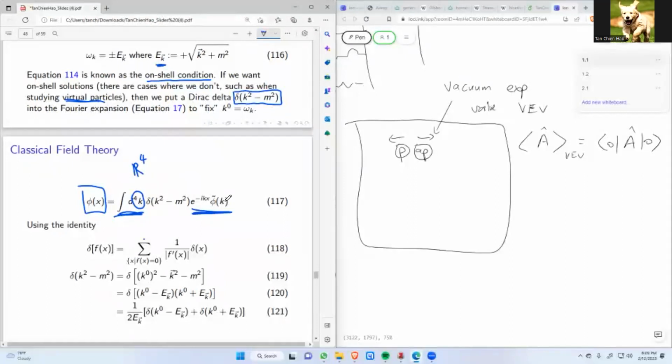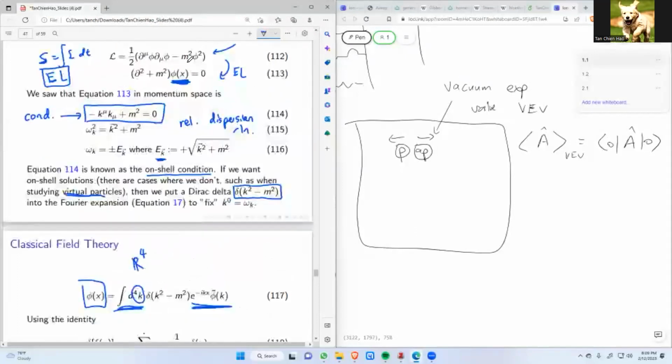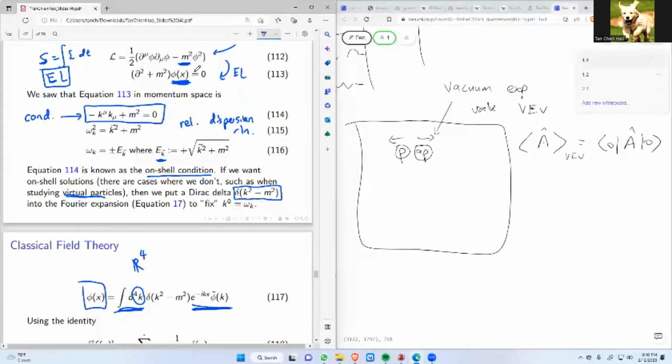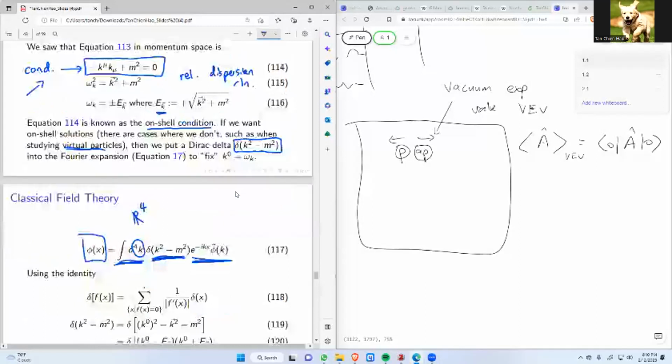But we actually do not want that, because the m over here is a fixed parameter in the Lagrangian, and we know from this condition that this must be satisfied. So the four momentum must actually satisfy this condition. So we put a Dirac delta over here to basically restrict the momentum that we integrate over.